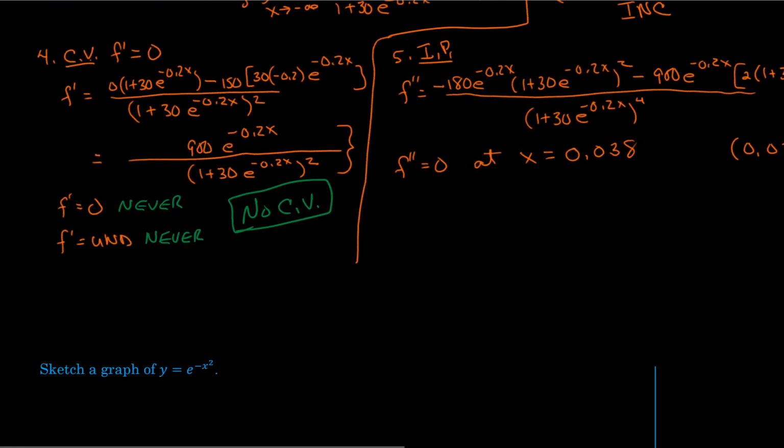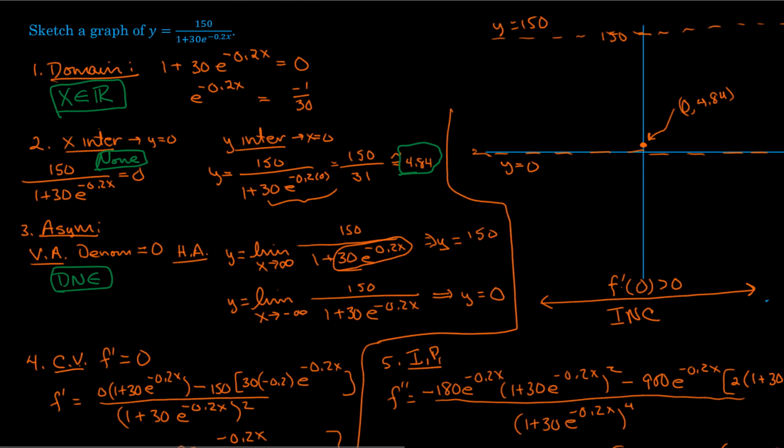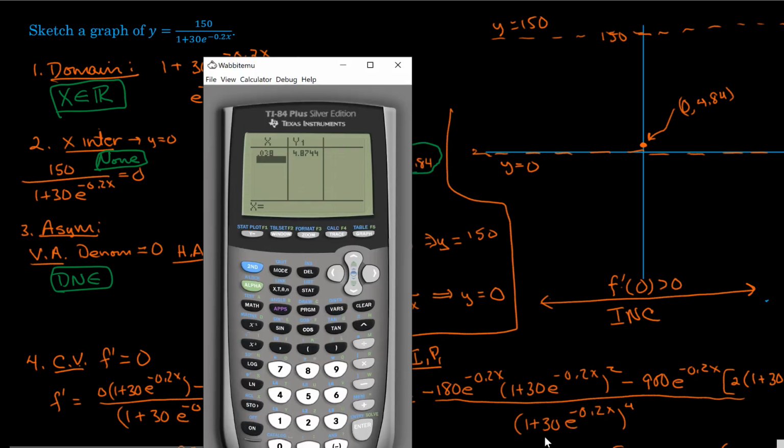To get that, I'm going to come back to my original function. There it is. And I'm going to plug that in on the calculator and evaluate it. Okay, so go into the calculator. Notice I have already entered in the original function, so that I can go to the table and evaluate it. And at 0.038, we wind up with 4.87. We've seen a number like that.